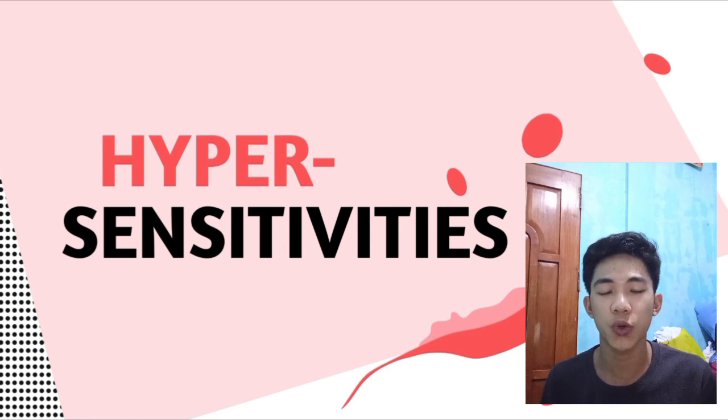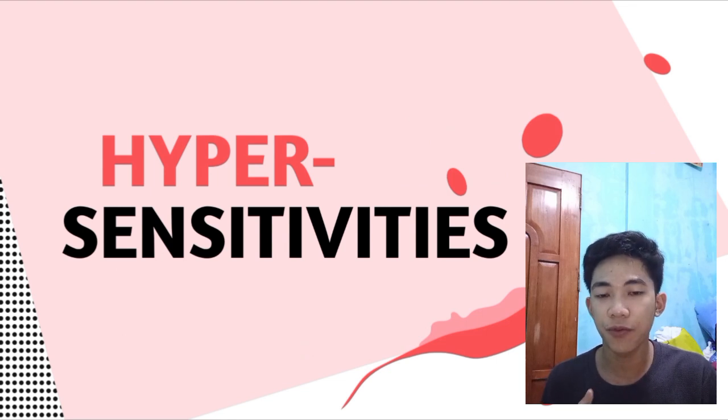hypersensitivities. Just a short recap. We have four types of hypersensitivities: the type 1, type 2, type 3, and type 4 hypersensitivities. For type 1, the primary antibody at play is the IgE antibody, and type 1 hypersensitivity is just allergy. For type 2, the primary antibodies at play are the IgG and IgM antibodies, similar with type 3.